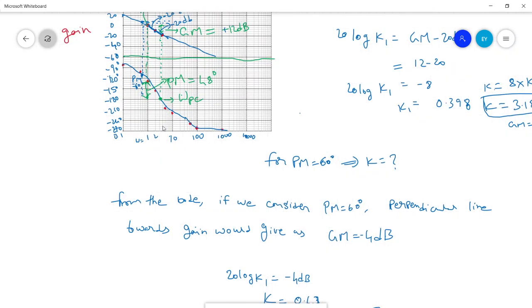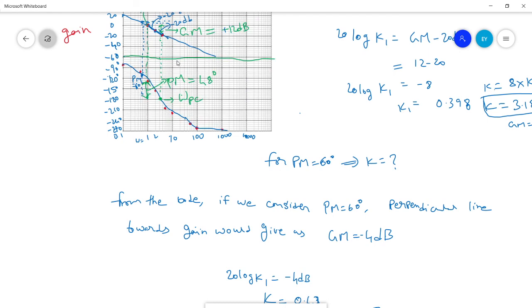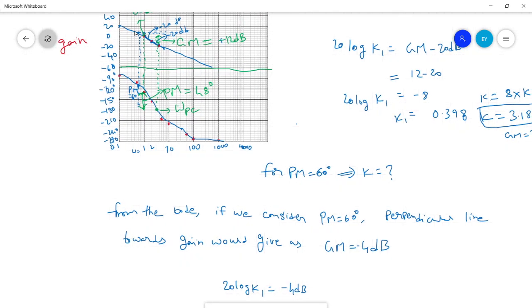When phase margin is 60, we draw a perpendicular from here where we get the gain crossover frequency, from which we can calculate 20 log K1. From that point, 20 log K1 is minus 4 dB.